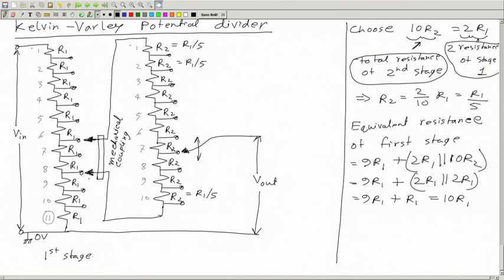Now, if the lower pointer, call this P1, P2 and this P3. P1 is the position of the lower pointer, which is in this case 3. P1 is the position of this pointer, equal to 3 in this diagram.